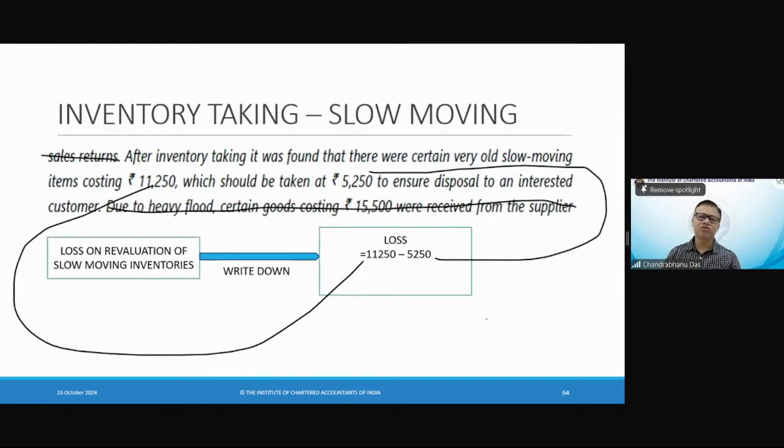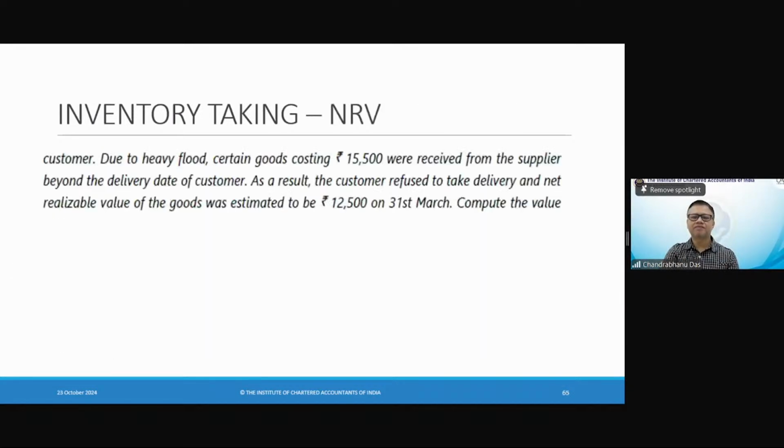This is one of the typical questions that can come: for very old, slow-moving inventories, how will the loss be calculated? If a question gives an item taken at this value, you have to find out there is a loss, and you find it in this manner.